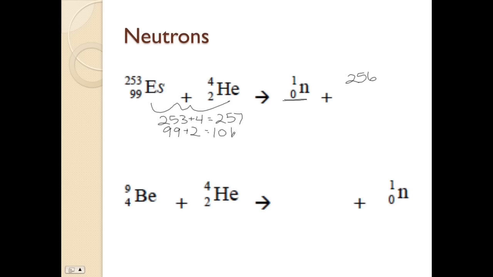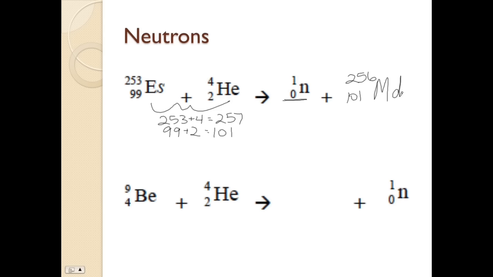And we want 101 total on the other side. Do we have anything for our charge on the other side? No, so we can just put 101. And 101 is MD, mendelevium, I think. MD is the important part.